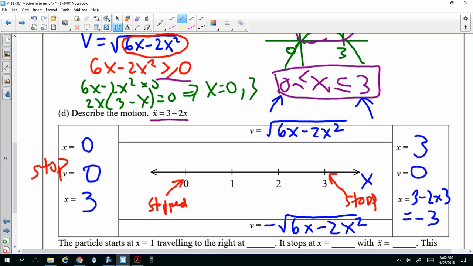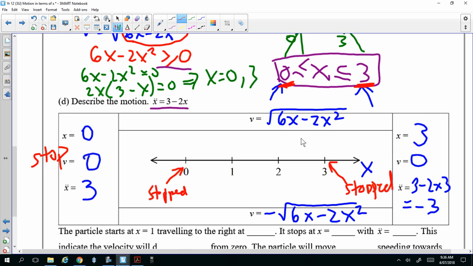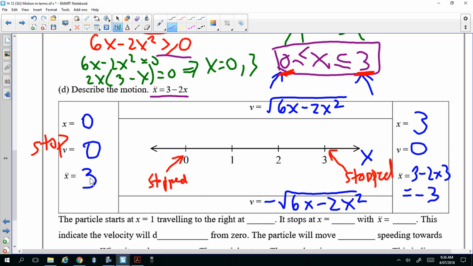So let's look at it at a deeper level. When you stop at the origin, the acceleration is 3. So what does the acceleration do? It increases the velocity, so it starts to move right, using this formula for velocity, until you stop at 3 again.